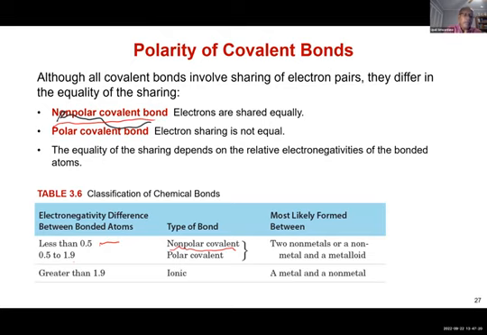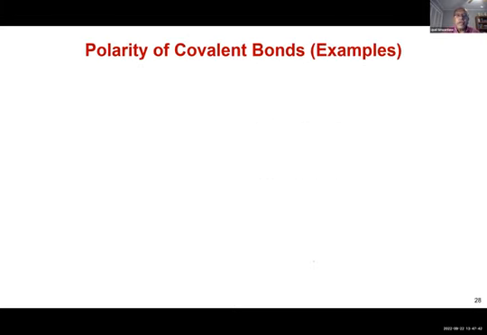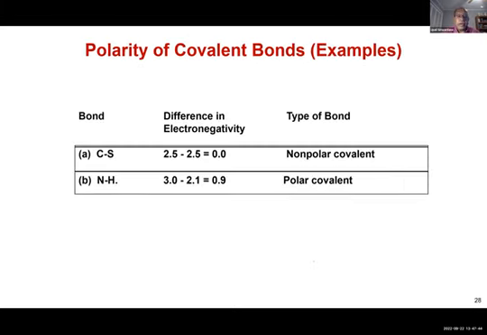Between 0.5 and 1.9 is polar covalent bond, OH bond, HF bond, etc. Non-metal with metal combination gives electronegativity difference greater than 1.9. So therefore, you can predict the polarity.